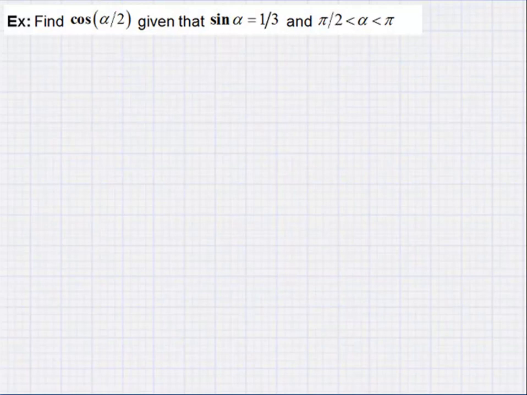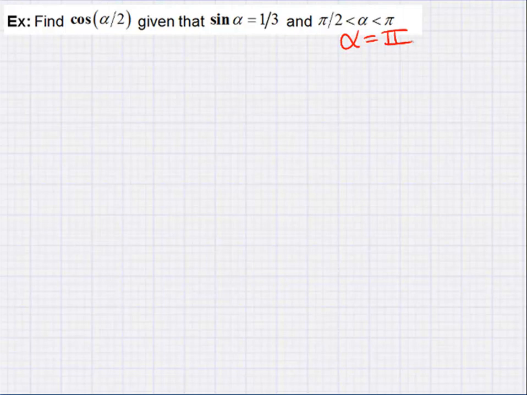Other things you can do with the half angle identity are questions like this. Find the cosine of alpha over 2 given that the sine of alpha is 1/3 and that alpha is between pi halves and pi. Well, if alpha is between pi halves and pi, then alpha is in quadrant 2.